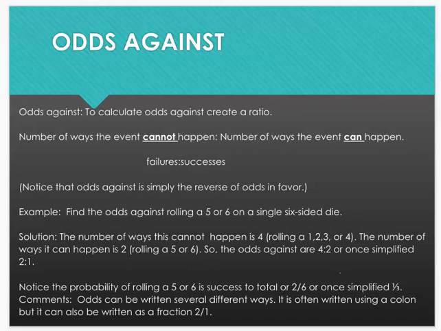So the odds against are 4 to 2, or when simplified, 2 to 1. Notice that the probability of rolling a 5 or 6 is success to total, 2 to 6, which is simplified to 1 to 3. Be sure that you know odds can be written several different ways. It's often written using a colon, but it could be written as a fraction. That's why labeling is very important.